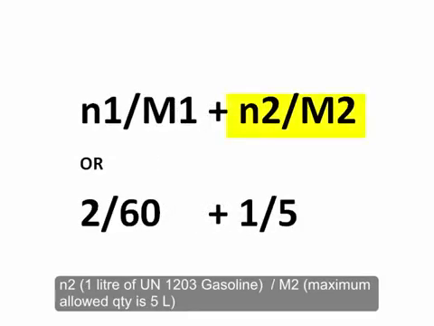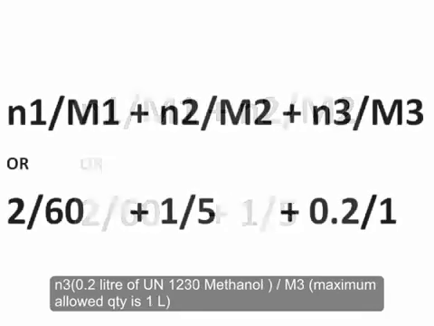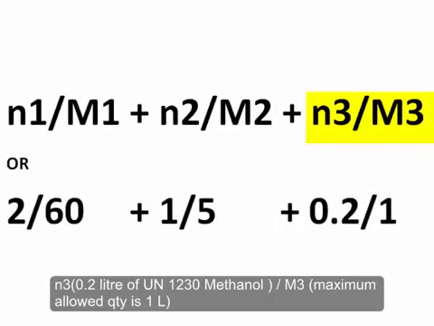N2, 1 litre of UN 1203 gasoline, over M2, maximum allowed quantity is 5 litres. N3, 0.2 litre of UN 1230 methanol, over M3, maximum allowed quantity is 1 litre.